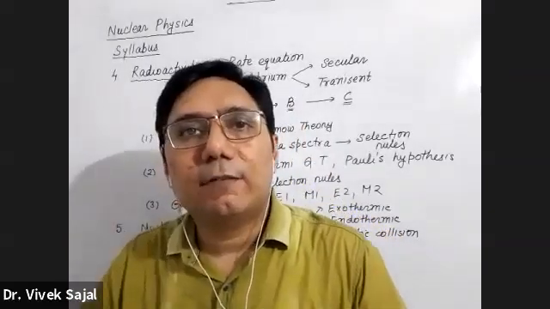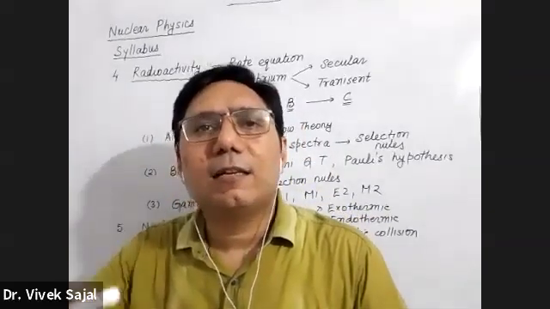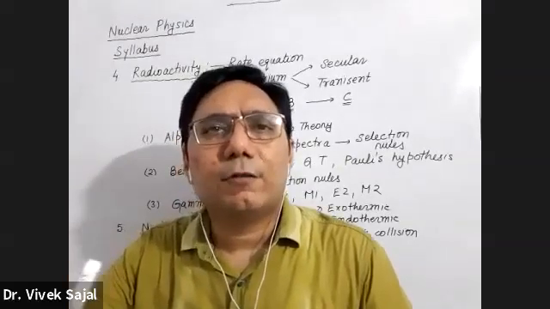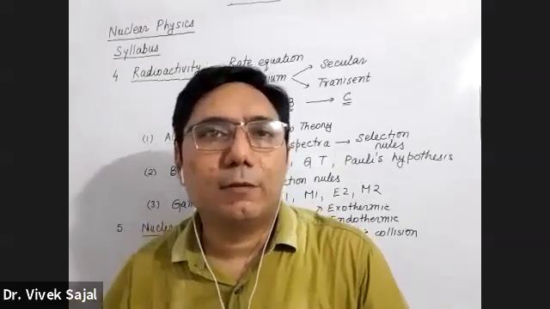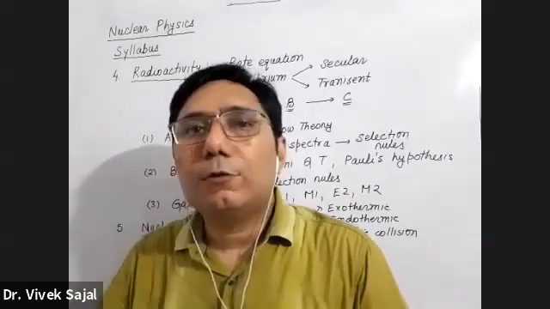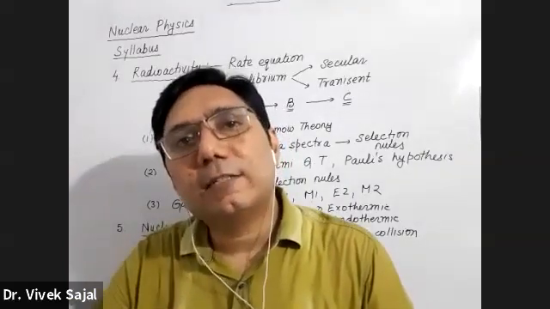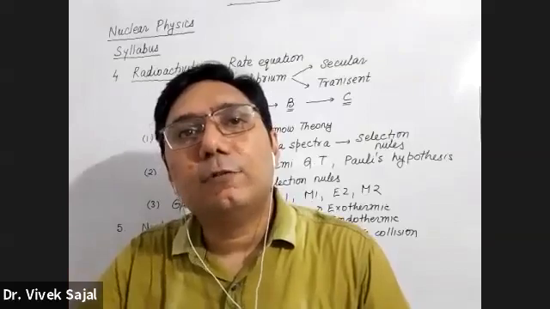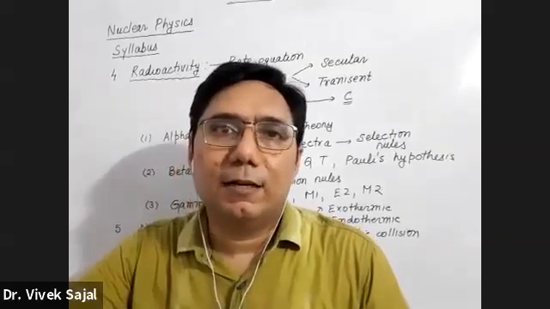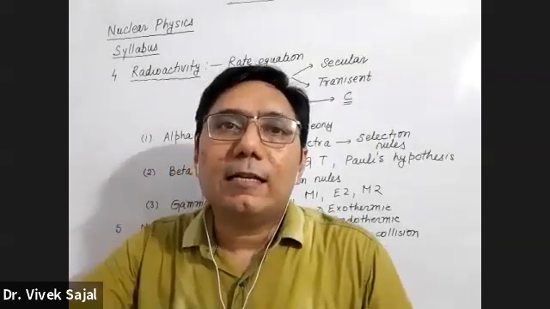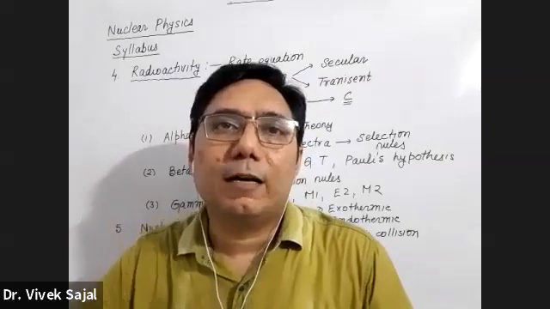So there is a large difference between their masses, and you can assume that the mass of the electron is negligible. Due to this reason, most of the mass is concentrated in protons and neutrons, which lie inside the nuclei. So the nuclei is responsible for most of the mass.